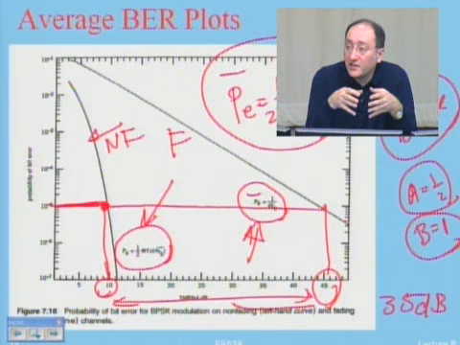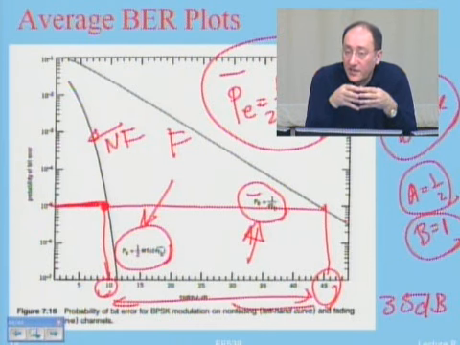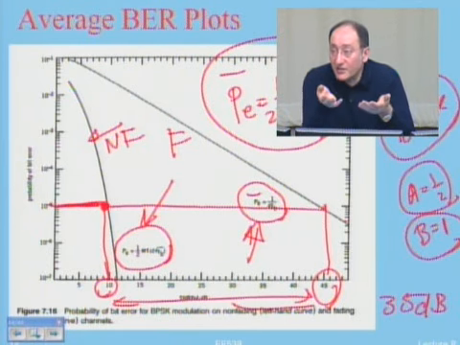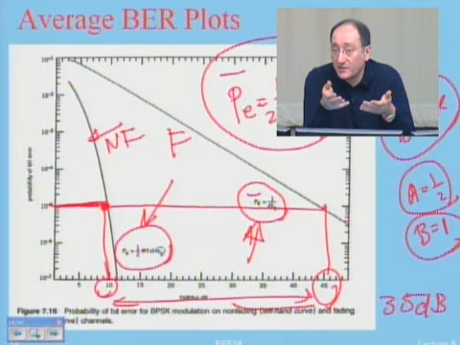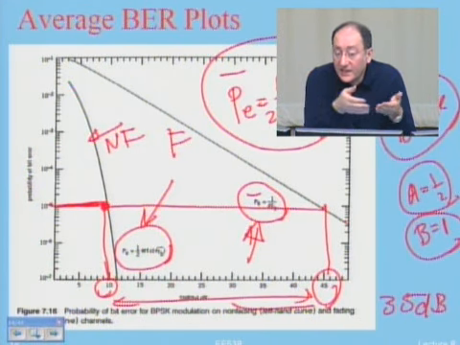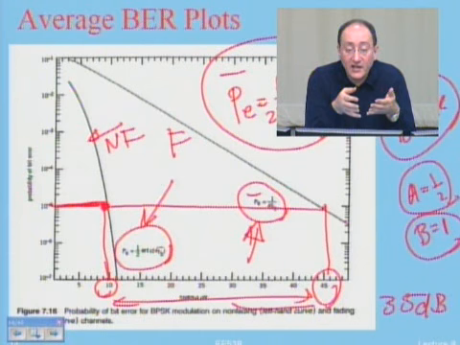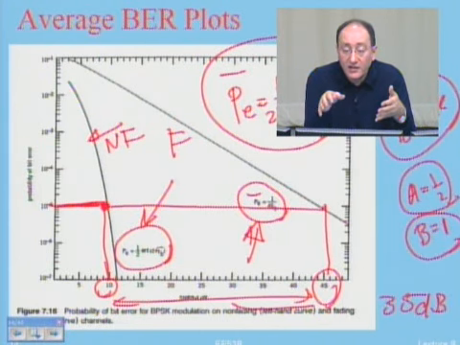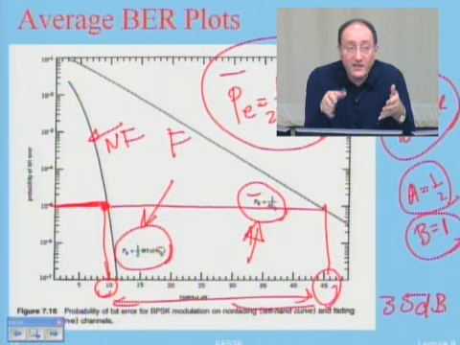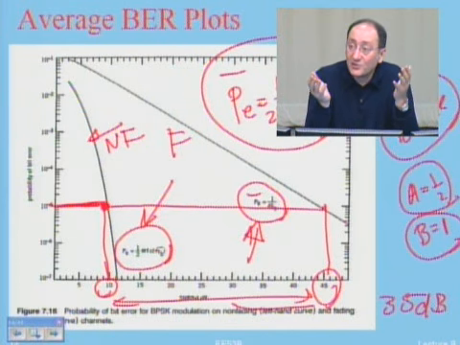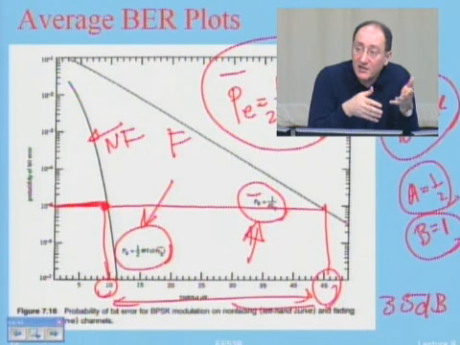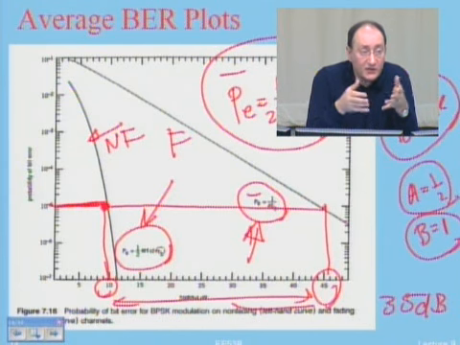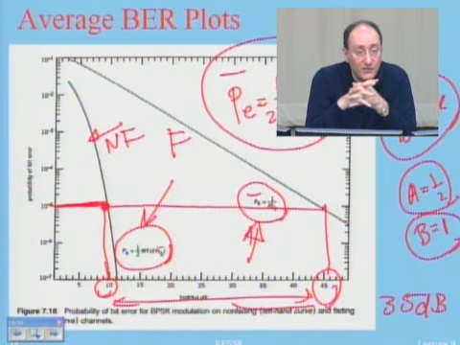My performance criteria now is not error rate anymore. It's either average error rate or probability of outage. Then I looked at the average error rate, and based on my calculations, here you need something like 35 dB more signal to noise ratio to have the same error rate as non-fading channels. Okay? That was basically a summary of what I told you so far.